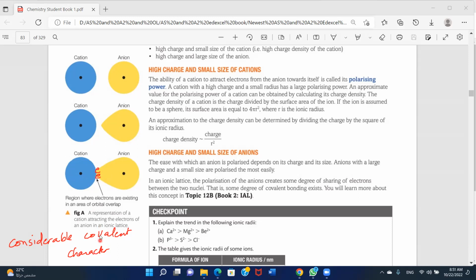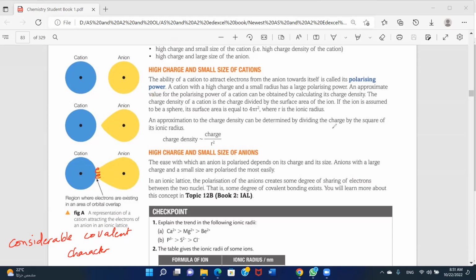It has some properties of covalent character. This is because the positive ion attracted the electrons of the negative ion towards itself. So it is as if they have a covalent character, because electrons are pulled in this place between the two ions as the covalent bond forms.